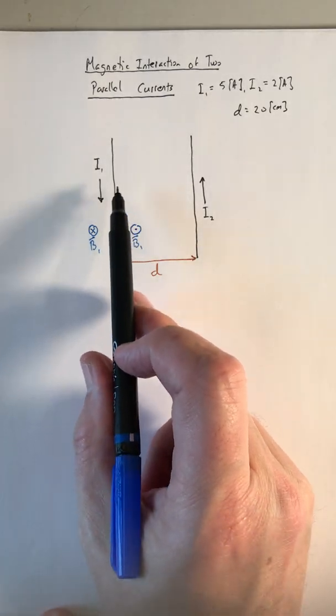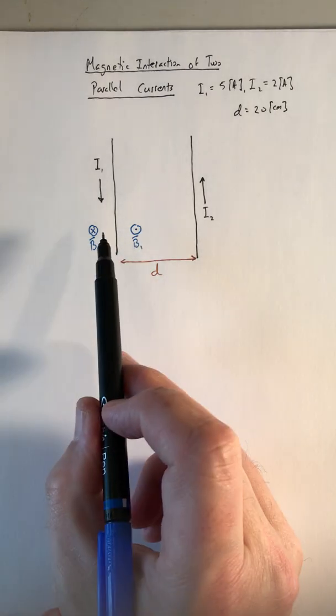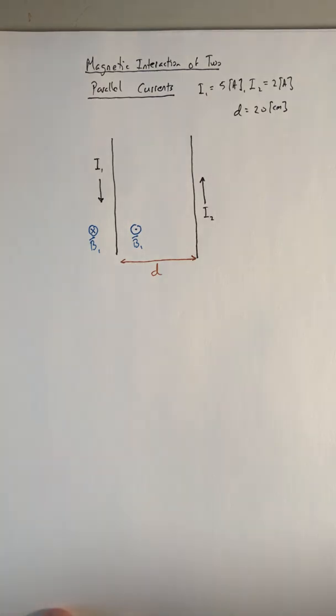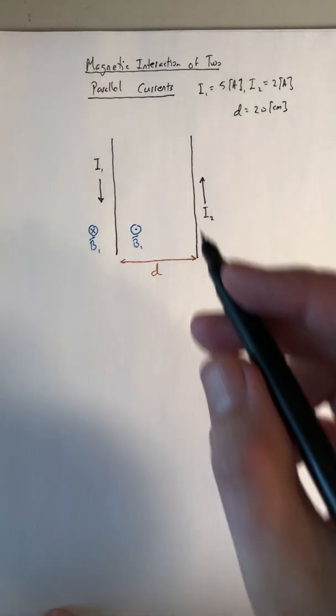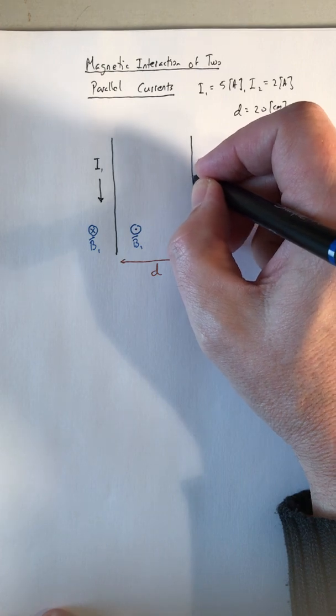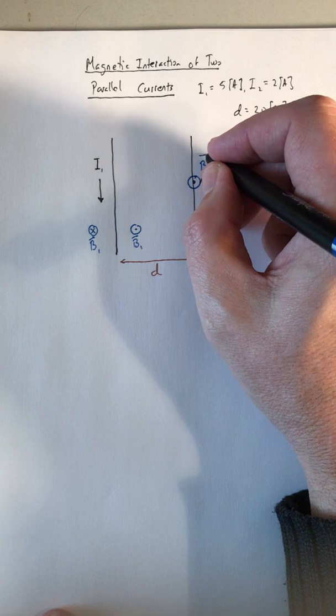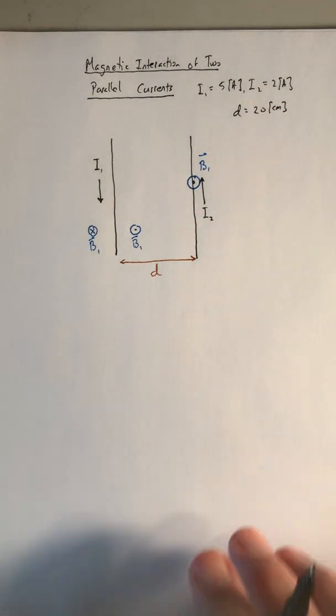So always to the right of current I1, magnetic field is going to be coming out of the page. To the left of current 1, it's going to be going into the page. So in particular, at the location of current 2, wire 1 is making a magnetic field that's coming out of the page.